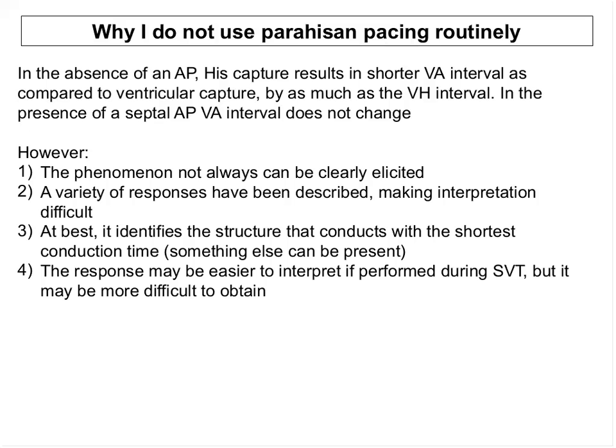Absolutely. I think that this is also a great point. If the His bundle recording is actually proximal, it can capture directly the atrium, and that may be totally misleading. So we have to make very sure that there is no direct capture of the atrium.